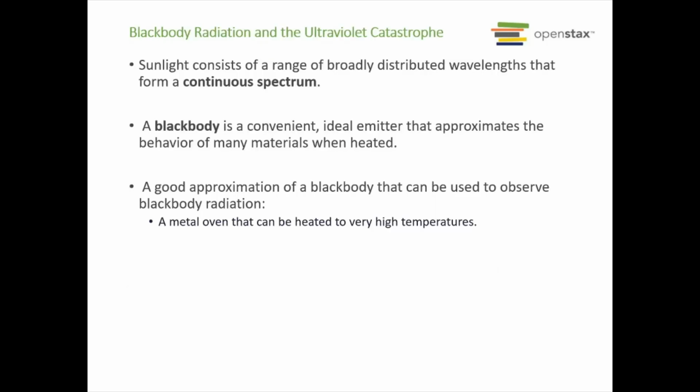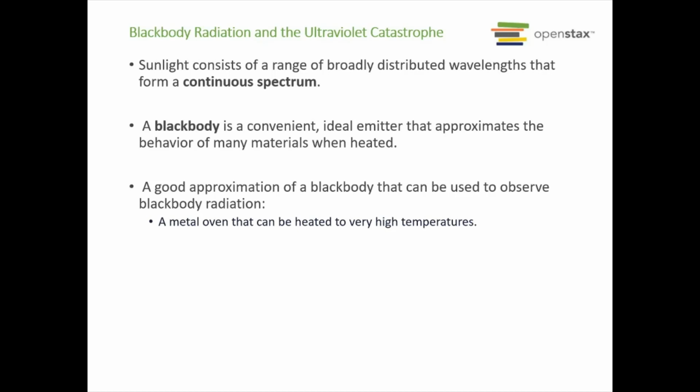So let's talk about black body radiation and the ultraviolet catastrophe. Sounds scarier than it is. Don't worry. No one died. So sunlight consists of a big range of wavelengths that form what is called the continuous spectrum.